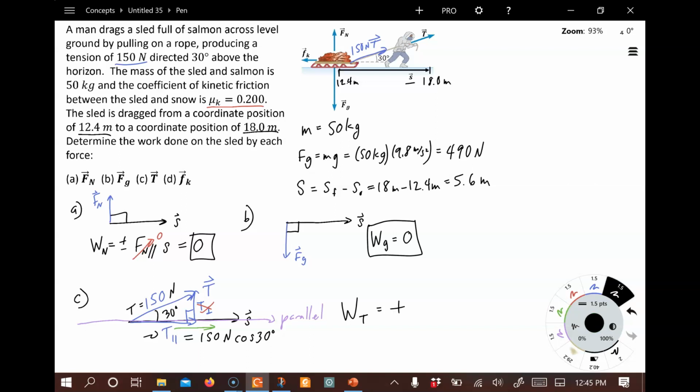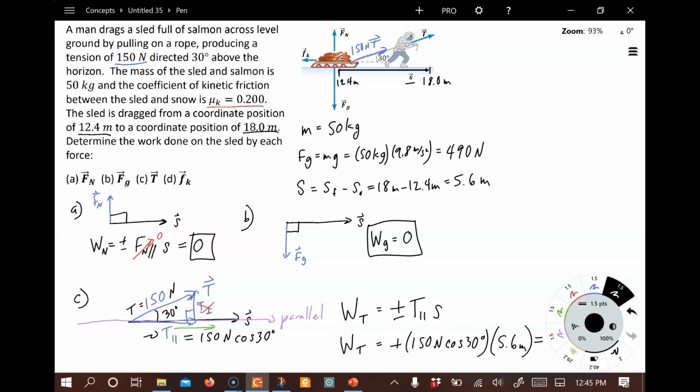And then T parallel itself, I'll just write the whole thing down here. Because they're in the same direction, T parallel and S, we choose the positive. T parallel is given by 150 newtons times cosine 30 degrees, and then the magnitude of S here is 5.6 meters.